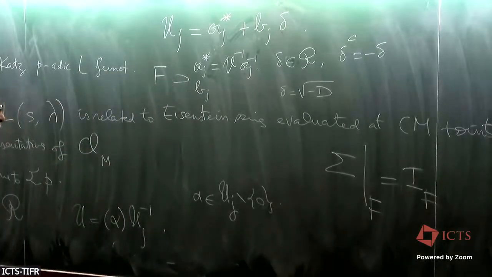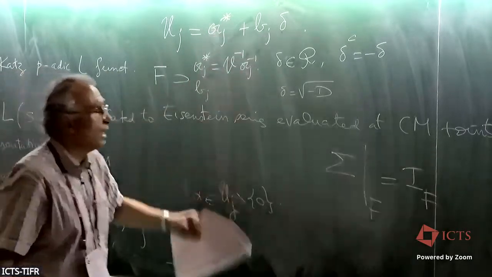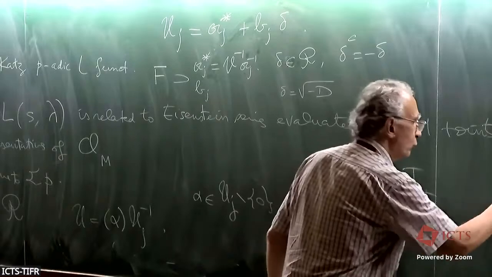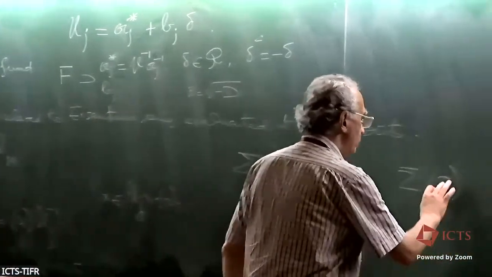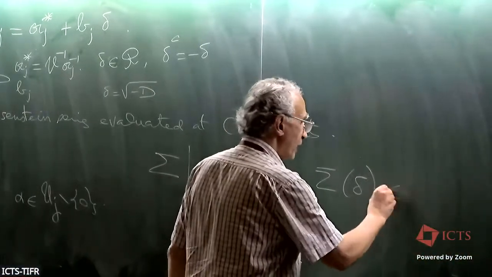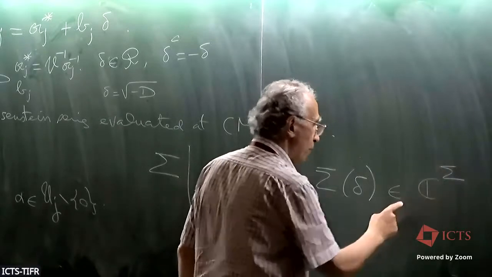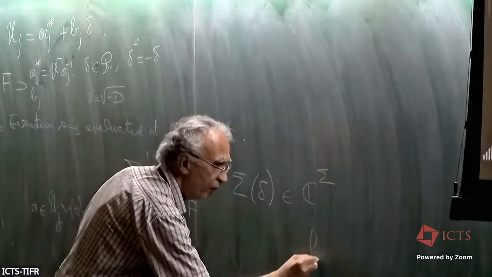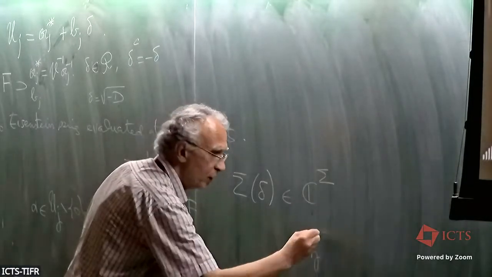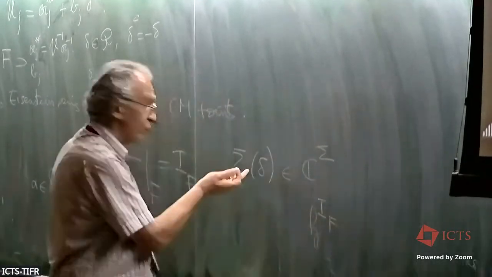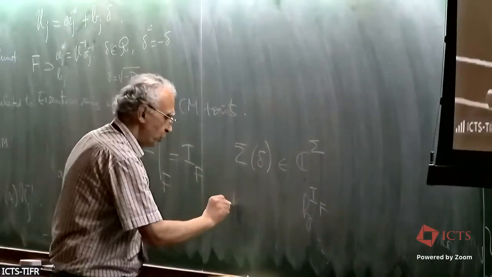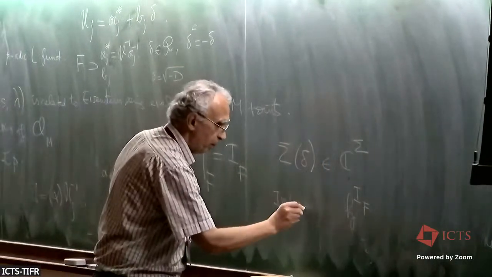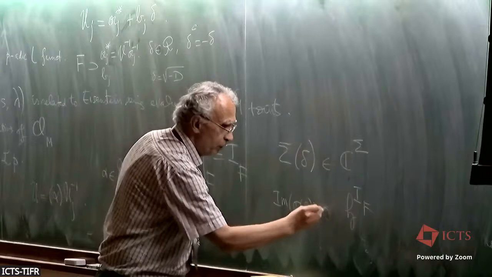Okay? So if you take delta and you apply sigma to delta, you find something inside C of sigma, but if you think a little, it is in the Hilbert half space, h to the F, because of course the imaginary part of all the embeddings of delta will be strictly positive.